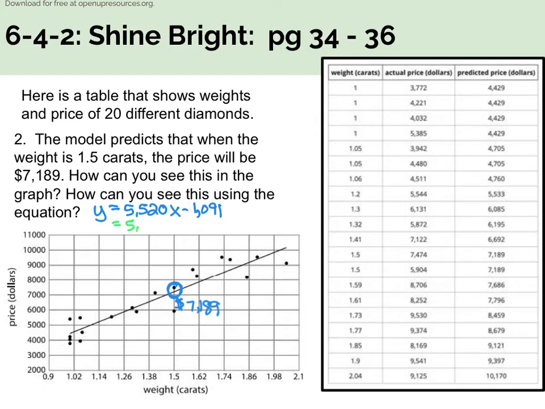We're going to say 5,520 times 1.5 minus 1,091. Grab your calculator, and if you put it in your calculator and press enter, you're going to get 7,189. And so the amount for the 1.5 carats, if you're using the equation, is 7,189. On the graph it is also 7,189.